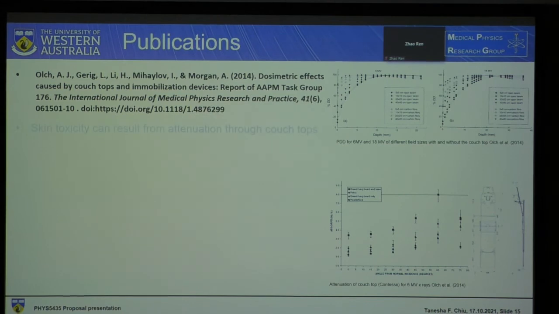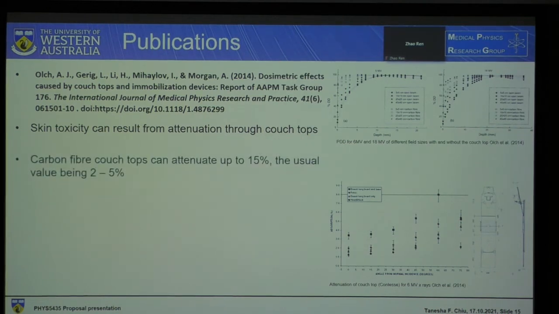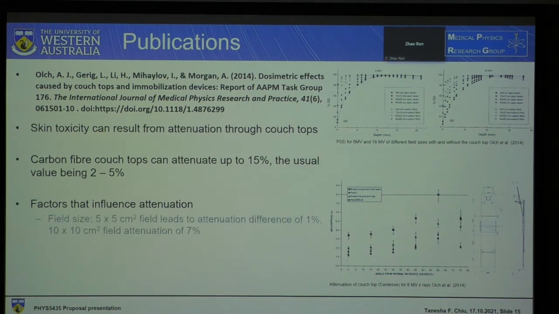And lastly, skin toxicity, which results from attenuation through couch tops. Carbon fiber couch tops can attenuate up to 15%, and the usual value is around 2 to 5%. Factors that influence this attenuation include field size.